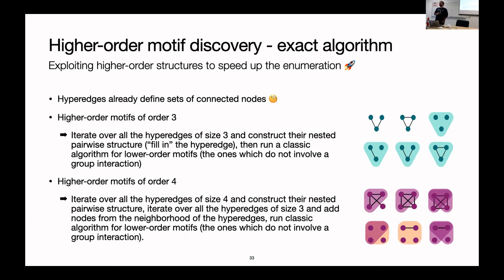Out of curiosity, because I'm a little outside this field, so it's very interesting, but I probably cannot have the best questions. Do hypergraphs and higher order motifs have compression properties for lower order network descriptions?